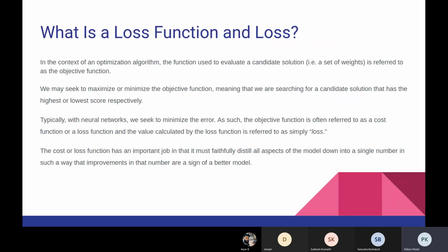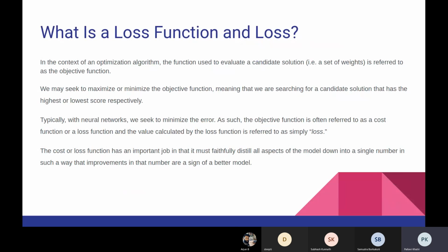We may seek to maximize or minimize that objective function, meaning we are searching for a solution that has the highest or the lowest score respectively. When I talk about the lowest score, I am talking about the errors, so we are seeking to minimize the errors.